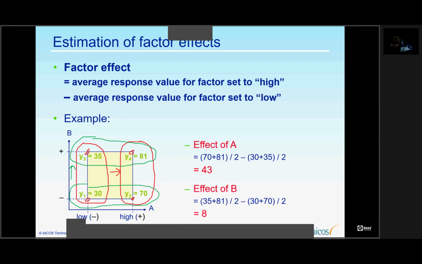And if I do this, you get a difference of 8 only. So it shows you that the factor A, parameter A, let's say the concentration, is much more important than B. And this enables you to make a more precise fine-tuning of A than of B, because for B it may not be worth it. So this was about the factor effect.